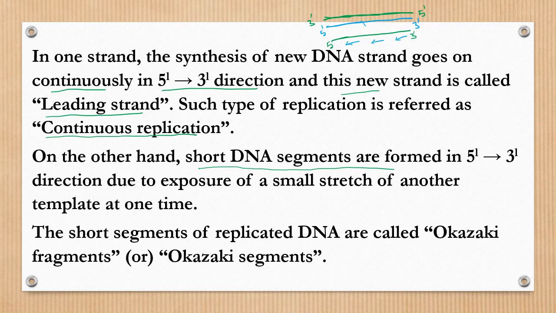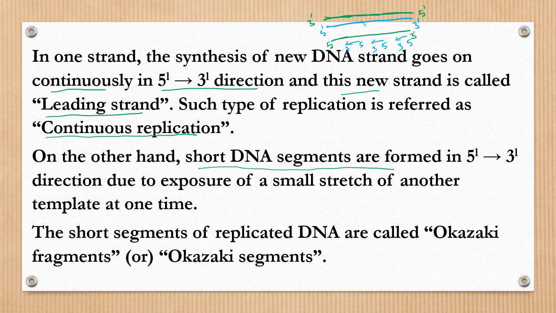And on another strand, it forms very small or short DNA fragments or segments in the 5 to 3 direction. Why is it formed like that? Why is it not continuous?